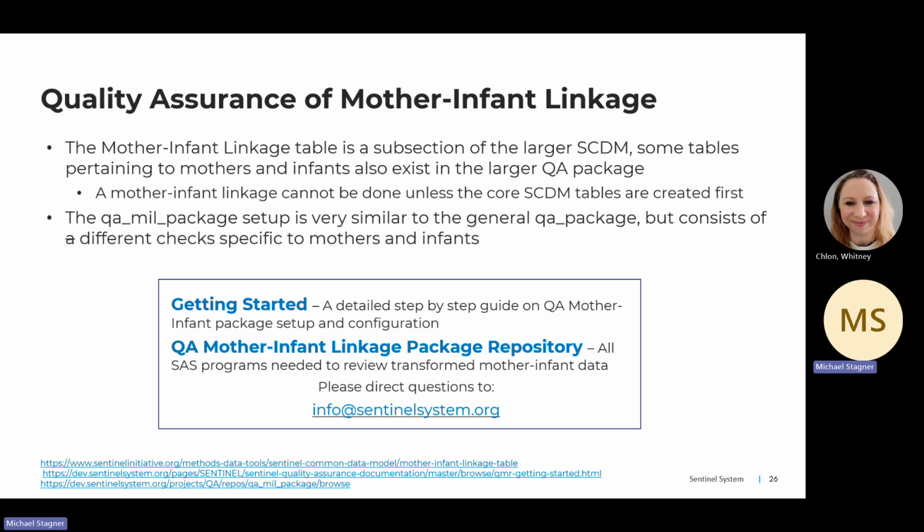But it has different checks. It's focused primarily on that one single mother-infant linkage table, and so the checks it's running are specific to linkage. And if you'd like more information about the package, that can be downloaded from the Sentinel Git repository, and questions can be emailed to info@sentinelsystem.org.